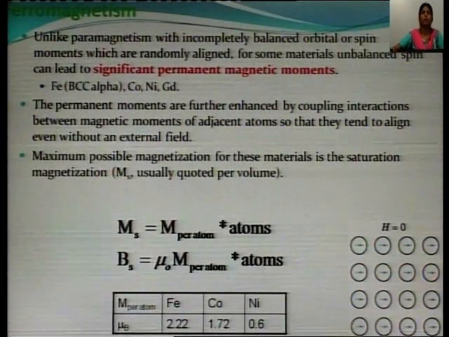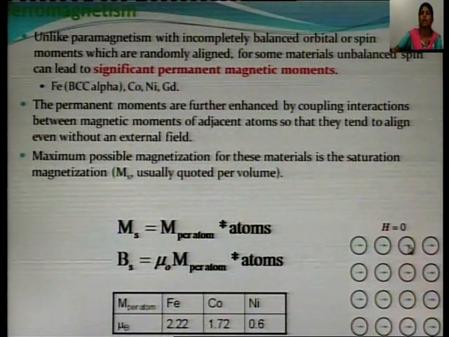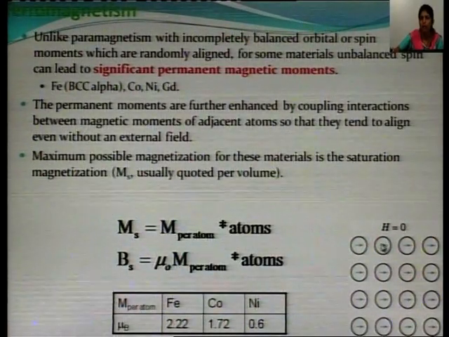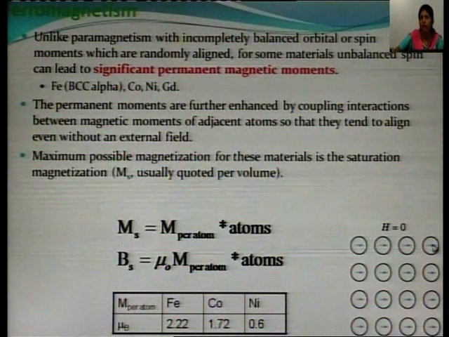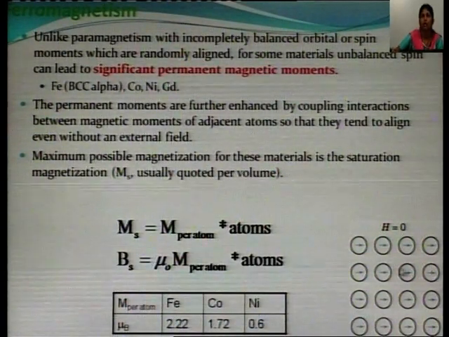So see, for the ferromagnetic materials, even without applying any external magnetic field, the dipoles are aligned in the same direction.